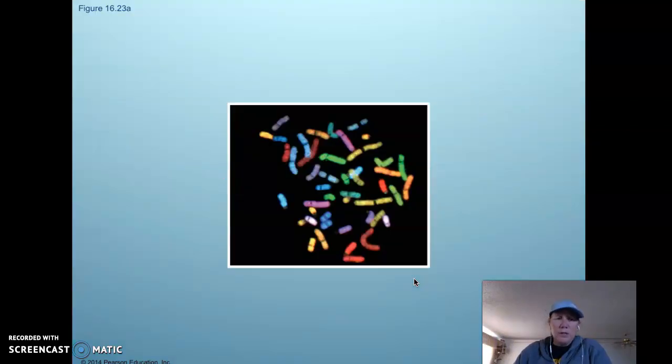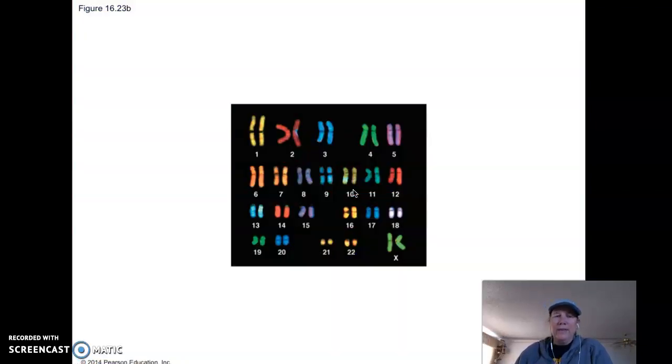Okay, here's what it looks like. If you look at a cell that's getting ready to divide, and this one's been stained, here are all your chromosomes. Normally you can't see DNA. It's too skinny and stretched out. But when it's getting ready to divide, they coil up, and this is what they call a karyotype. This would be lining them all up.